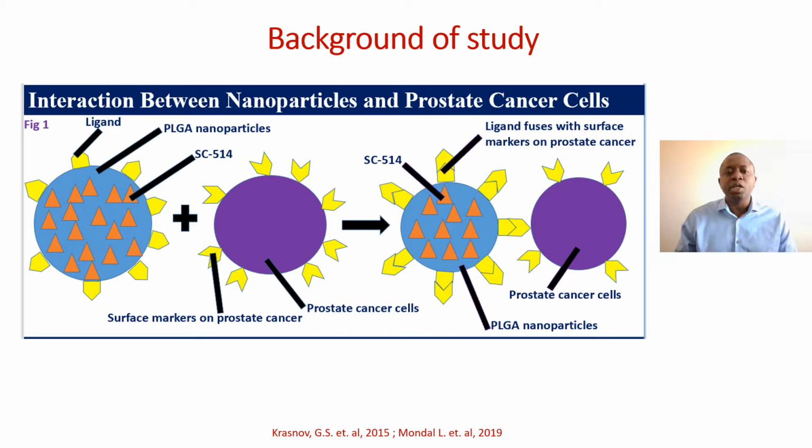One of the ways that we can reduce drug resistance is to use a nanoparticle drug delivery system, in which case we are placing the drug, in this case SC514, inside nanoparticles, such that these nanoparticles can specifically target the prostate cancer cells with minimal effect on the healthy cells of the body.